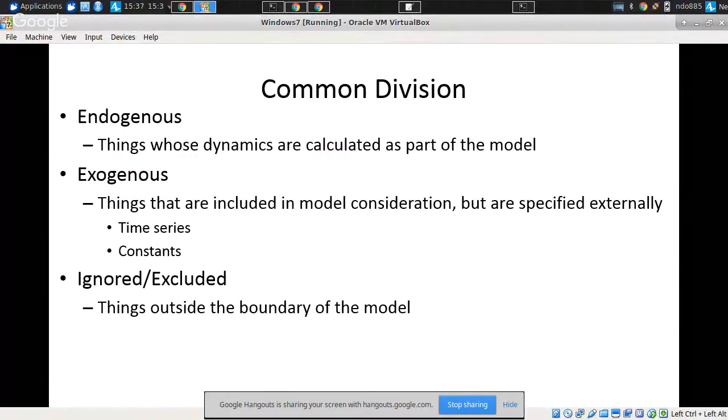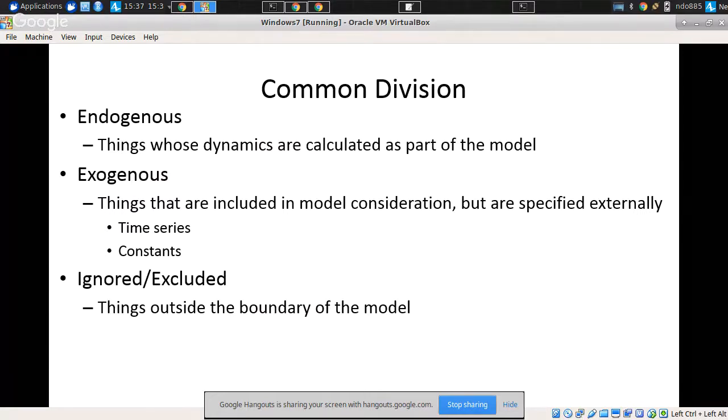How about endogenous things? Things that the model generated. What things was the model generating for us? What things did we not pre-specify to it, but rather it produced? How many people get infected? Good. Great. What else?